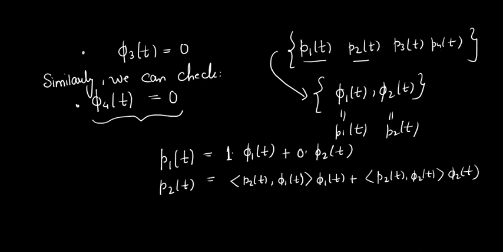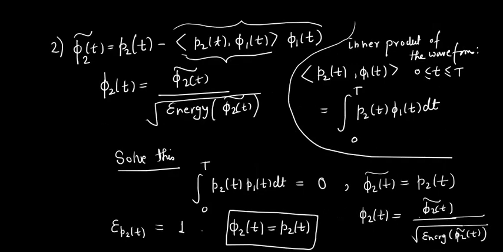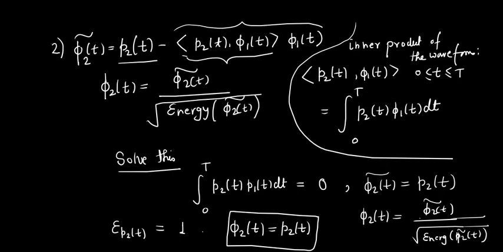Look, when you have evaluated phi 2t, actually what you did, we have evaluated this, right, that P2t is this much of phi 1t, this much of phi 1t plus, tell me, whatever you get after subtraction.